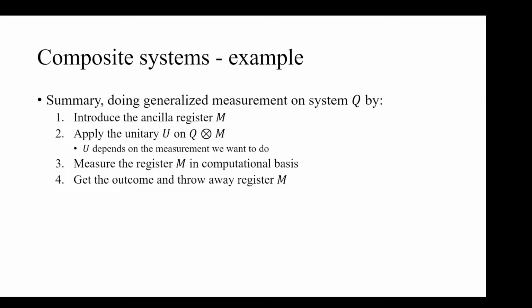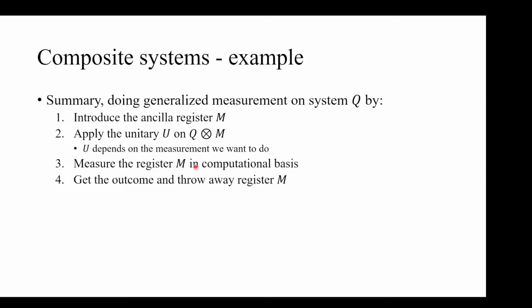If we want to do a generalized measurement on a system Q, we first introduce an ancillary register M, where we are going to do projective measurement. Then we apply a special unitary U on our joint system Q tensor M. U is an entangling operation, and it will depend on the measurement you want to do.